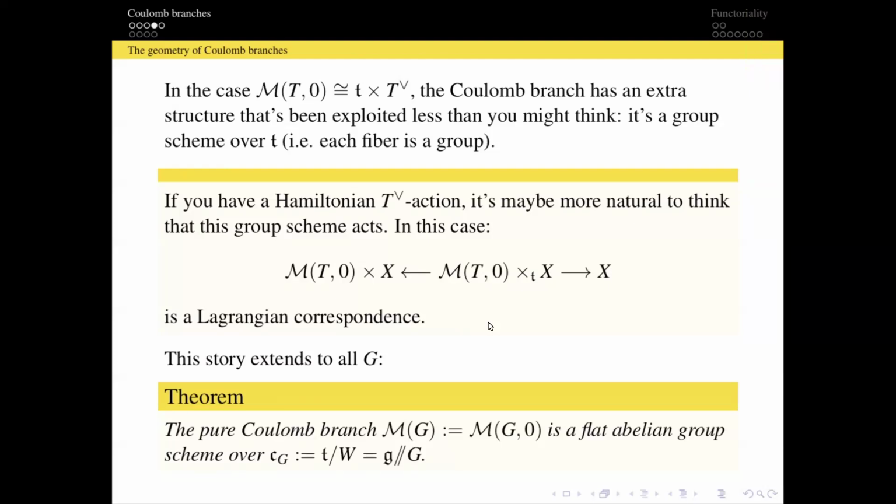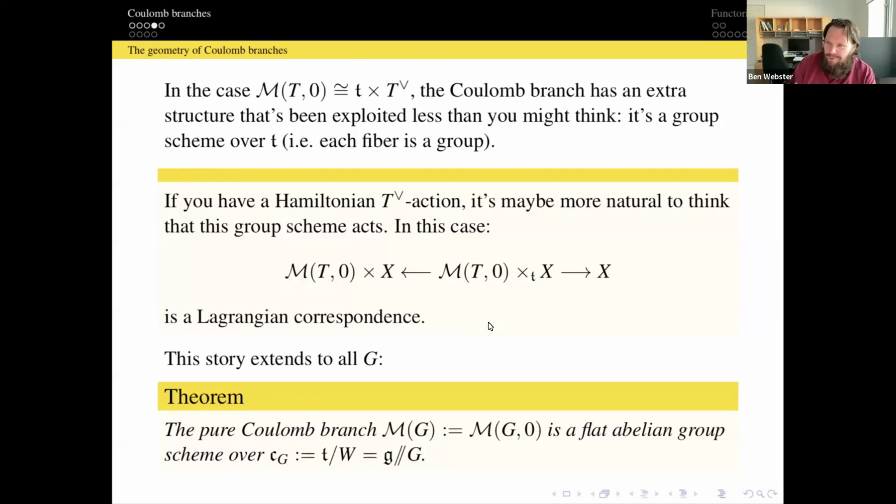Maybe more surprising, well, this is kind of pouring old wine into new bottles in the case of a torus. For a non-abelian group, one still has the same property. You still get a group scheme. This group scheme structure comes from push forward of the functions on the Coulomb branch, which you can think of as the Borel-Moore homology of the affine Grassmannian.